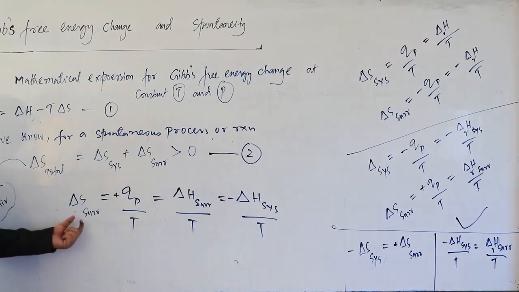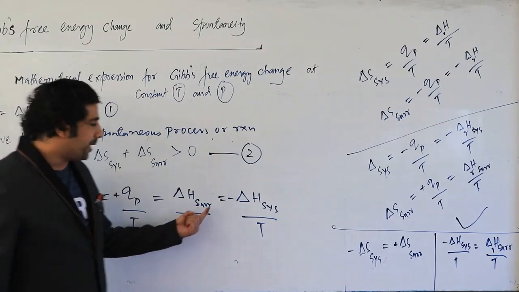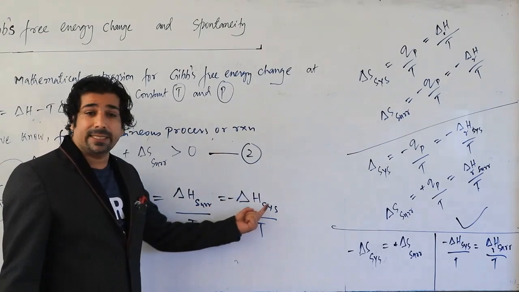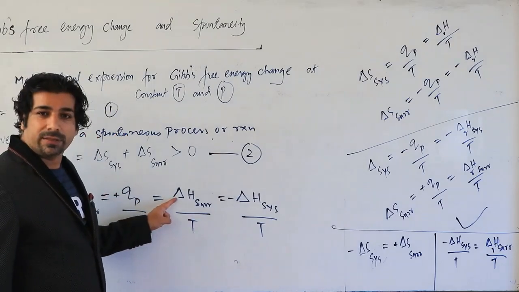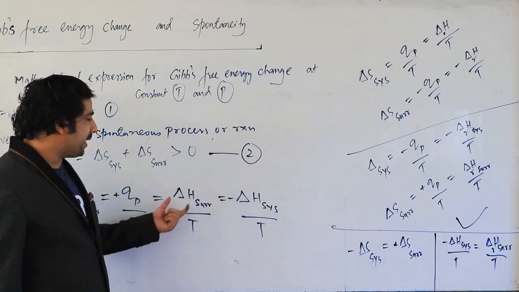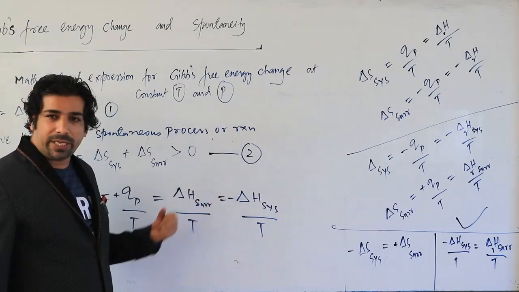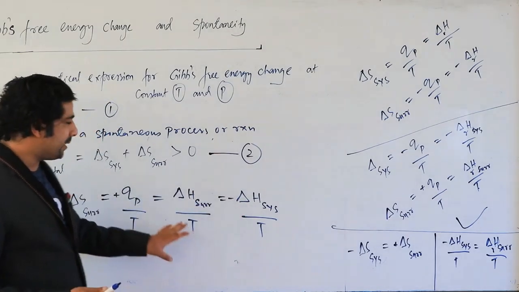So finally you understood that delta S surrounding can be related to delta H surrounding upon T, or it can be related to minus delta H system upon T. The surrounding is basically endothermic and the system is exothermic. Or we can say that the surrounding is absorbing the heat and the system is losing the heat, my dear friends. That is the only thing.